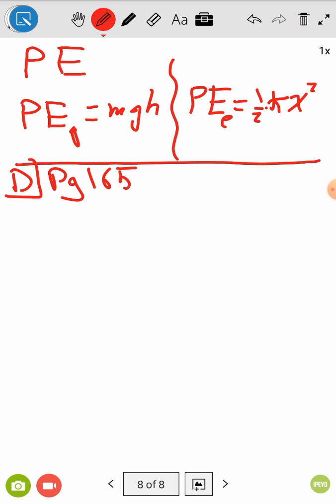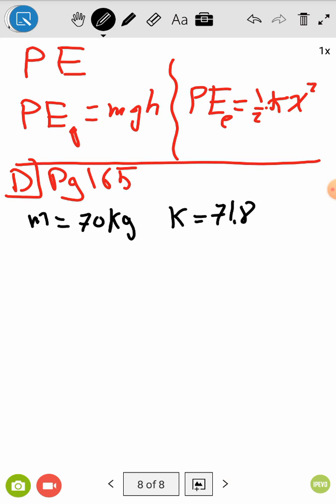The person is 70 kilogram, so the mass m equals 70 kilogram. The spring constant of the elastic object equals 71.8 newton per meter, and of course g equals 9.8 meter per second squared. There are two kinds of potential energy.